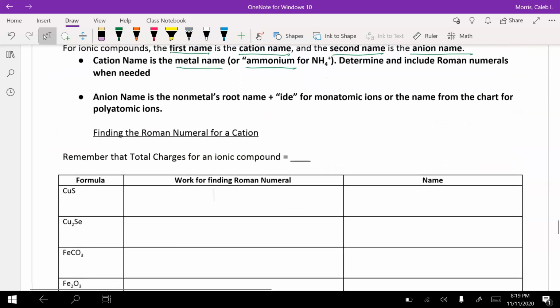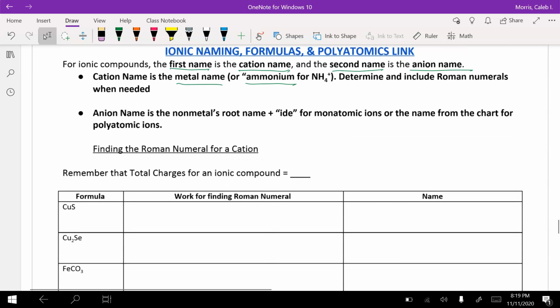Then the anion name is the nonmetal's root name plus "ide" for monatomic ions, if it's just one type of atom, or the name from the chart for polyatomic ions. We have a polyatomic ion chart for that.